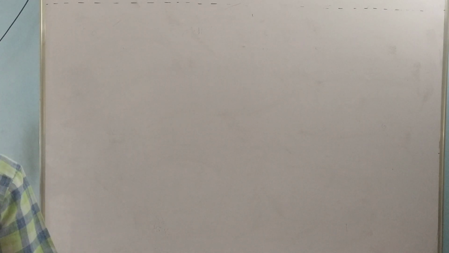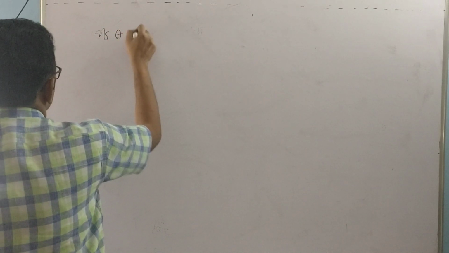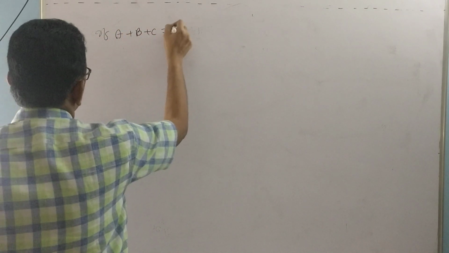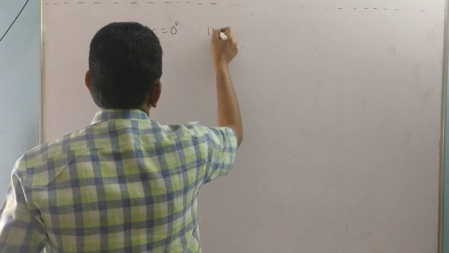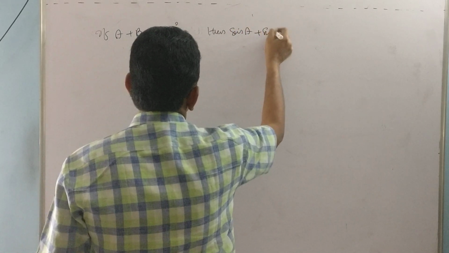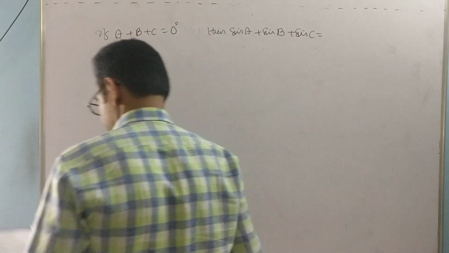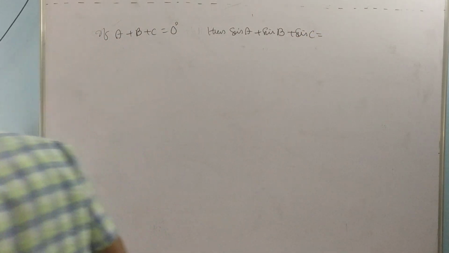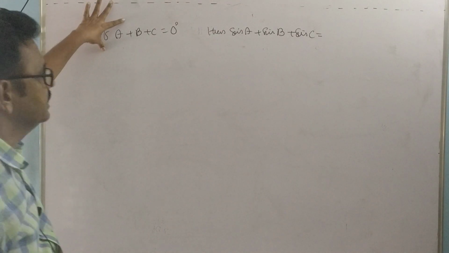Next one: if a plus b plus c is equal to 0 degrees, then sin a plus sin b plus sin c is equal to what? Given a plus b plus c equal to 0 degrees.